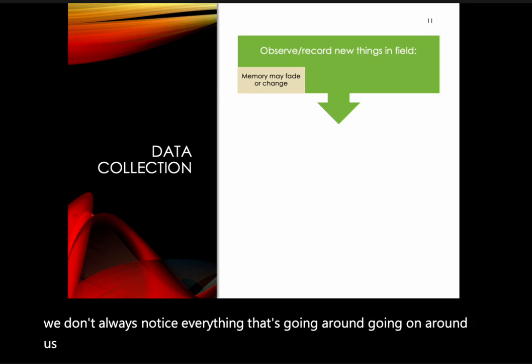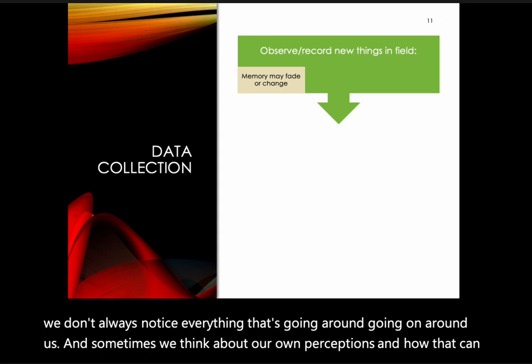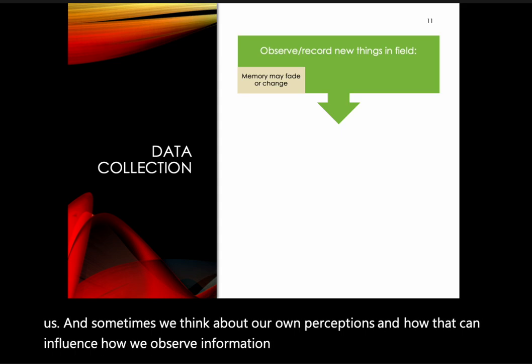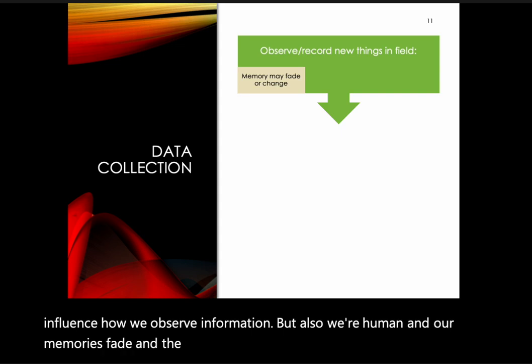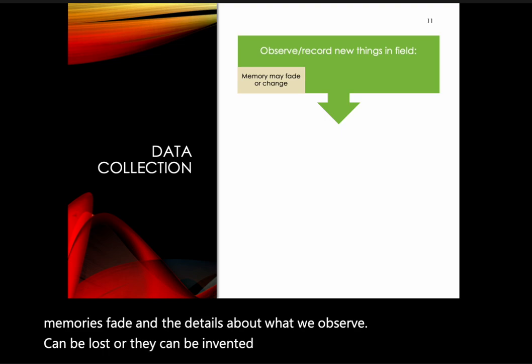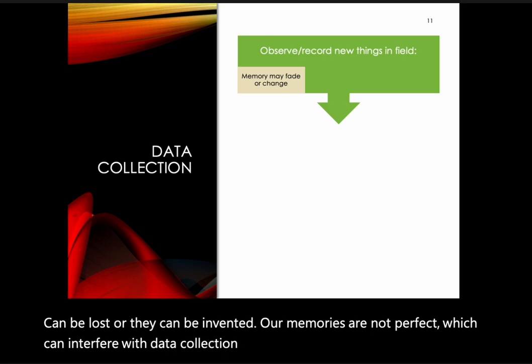And sometimes we think about our own perceptions and how that can influence how we observe information, but also we're human and our memories fade and the details about what we observed can be lost or they can be invented. Our memories are not perfect, which can interfere with data collection in qualitative designs.